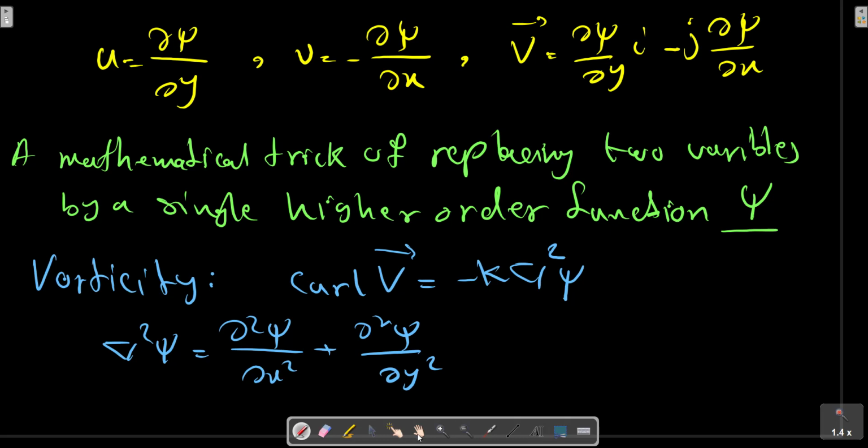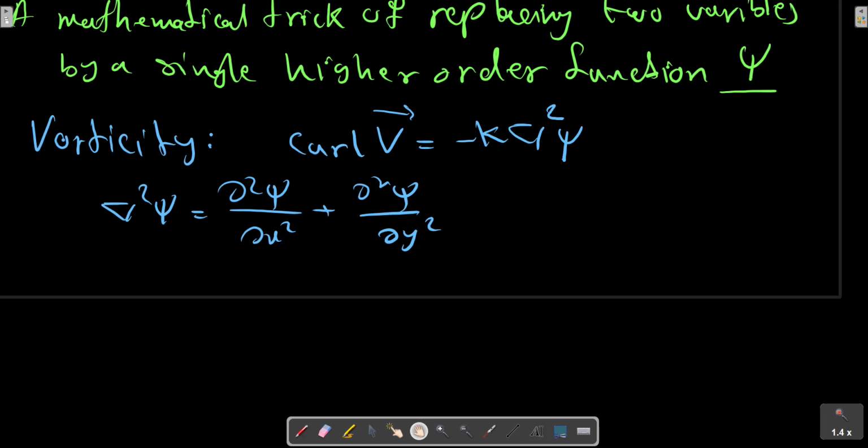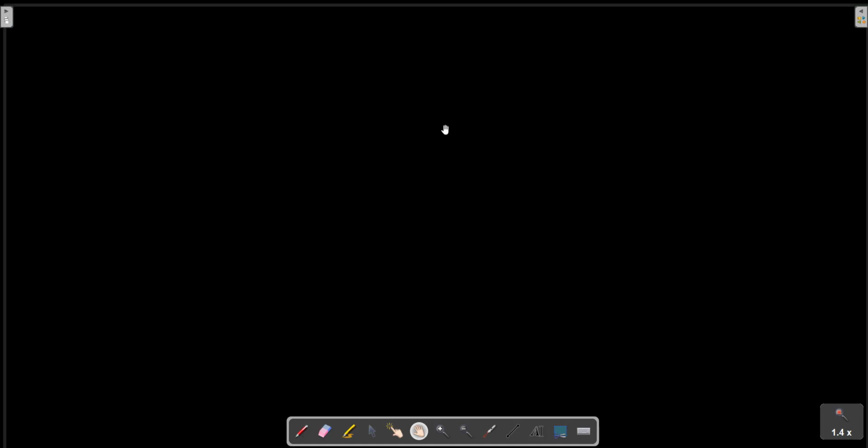So for the momentum equation, we can write the curl of momentum.